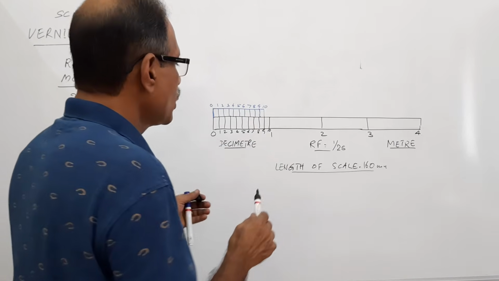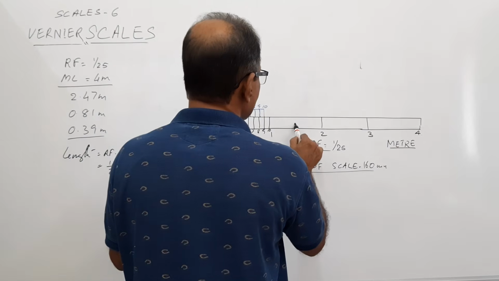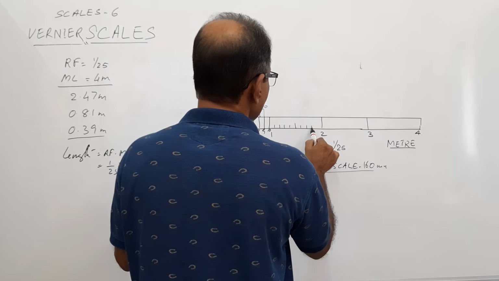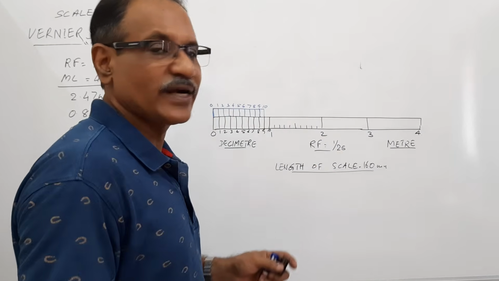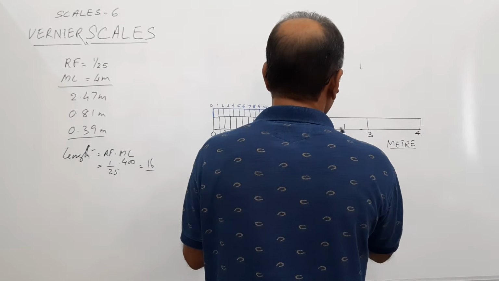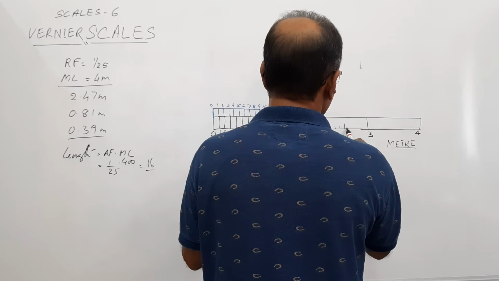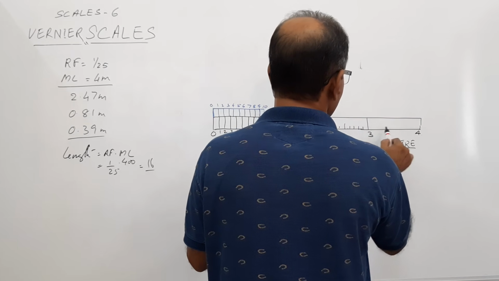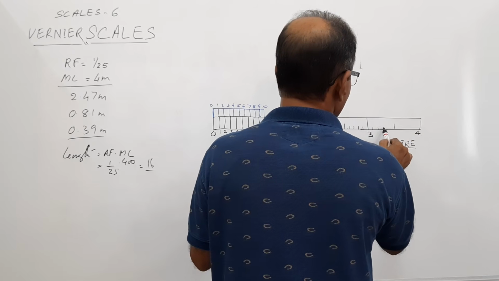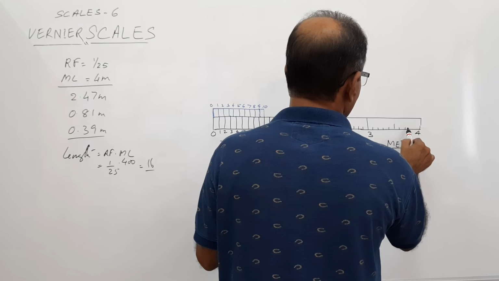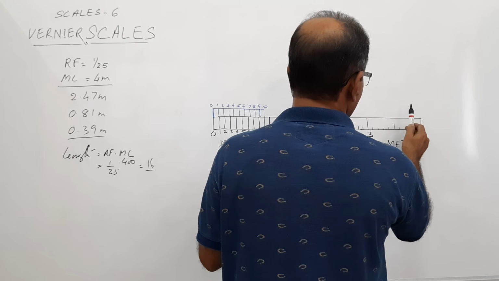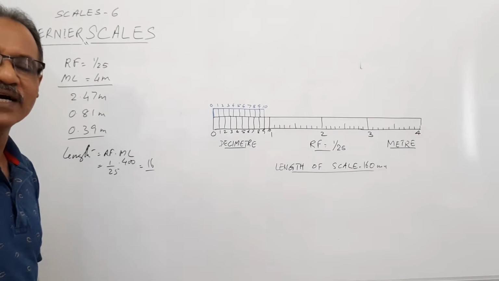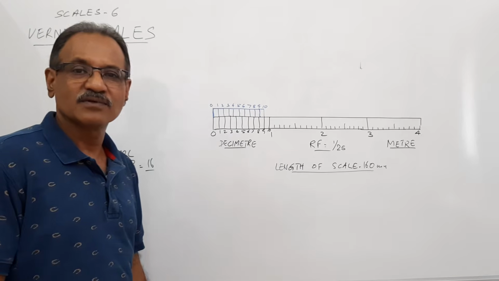Okay. Now, as we discussed in the previous case, these portions also need to be divided to enable us to show some required distance. Again, this completes the construction of the forward reading Vernier scale.